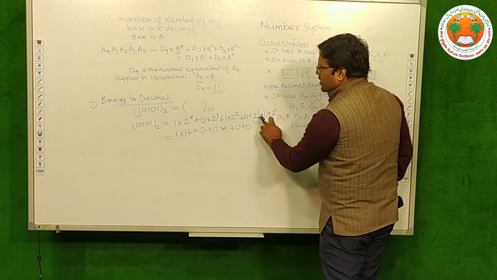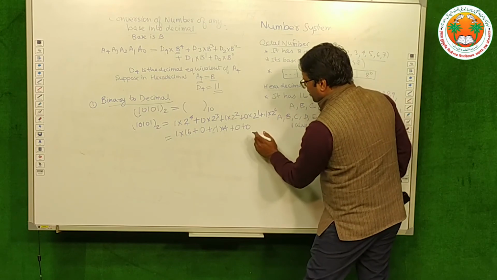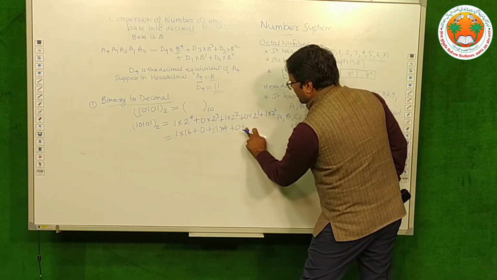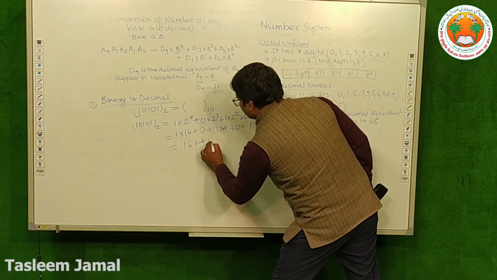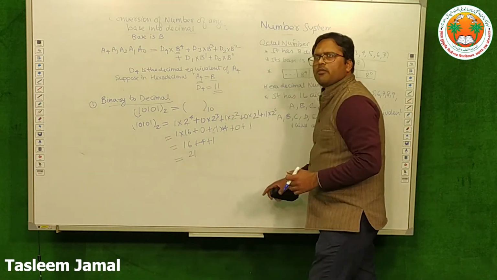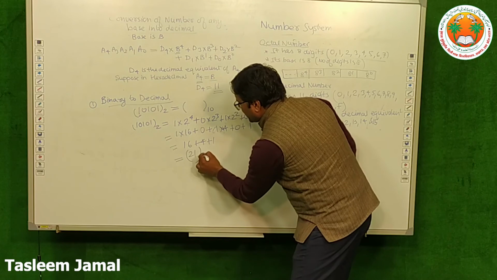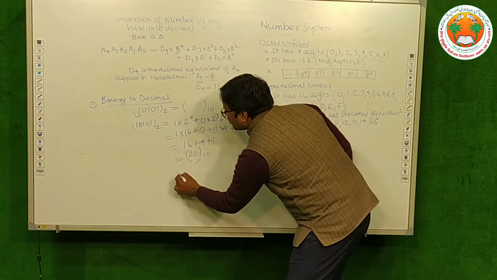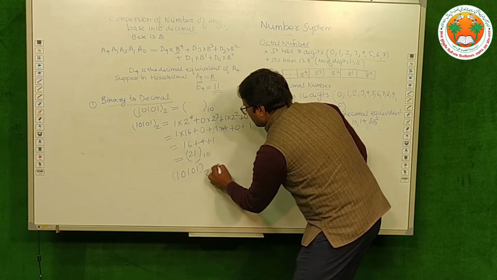And now the last digit is 1, so 1 into 2 to the power 0, that is 1. Now that is 16 plus 4 plus 1, so we have 21. In this way this particular binary number has been converted into 21, which is its decimal equivalent. So the decimal equivalent of 10101 is 21.